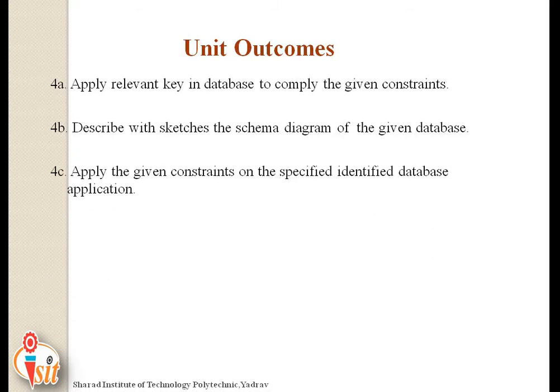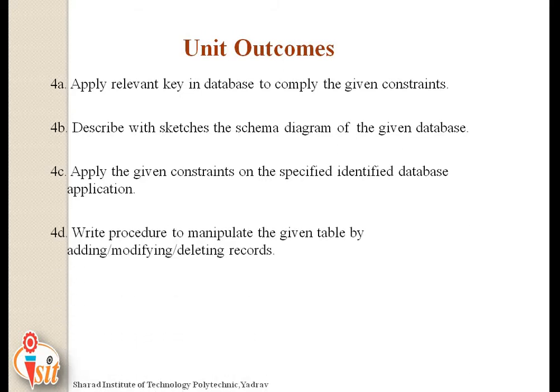The next one is, apply the given constraints on the specified identified database application. Then, write a procedure to manipulate the given table by adding, modifying or deleting records. This is all about the unit outcomes of this unit.